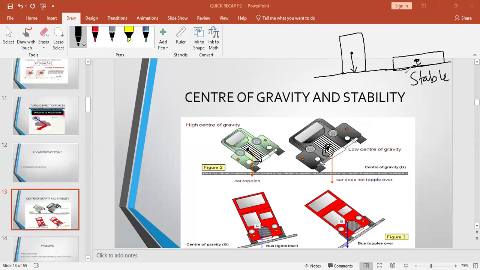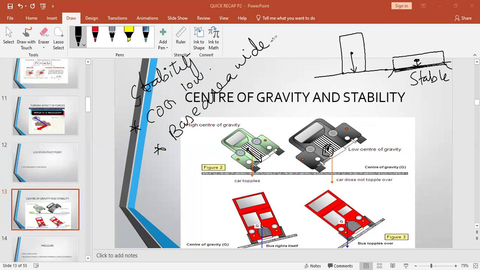Also, the base area must be wide. This area must be wide. So what are the conditions of stability? The center of gravity, COG, will be low and base area must be wide. Okay? Did you get it?